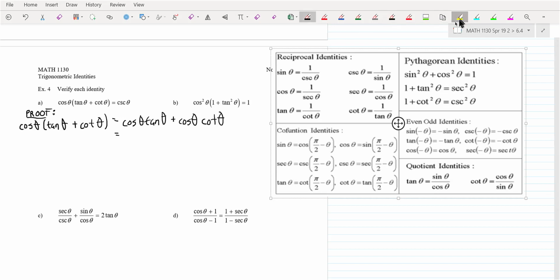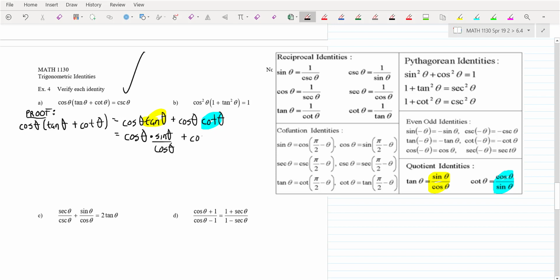Okay, so my idea would be a tangent is a sine over a cosine. And the other thought I would have is the cotangent is a cosine over a sine. So I'm going to do that replacement. What you basically do is just make substitutions. Hopefully you end up ultimately with the cosecant on this problem. So if we do this, we would get cosine theta times sine theta over cosine theta. That's kind of working nice.